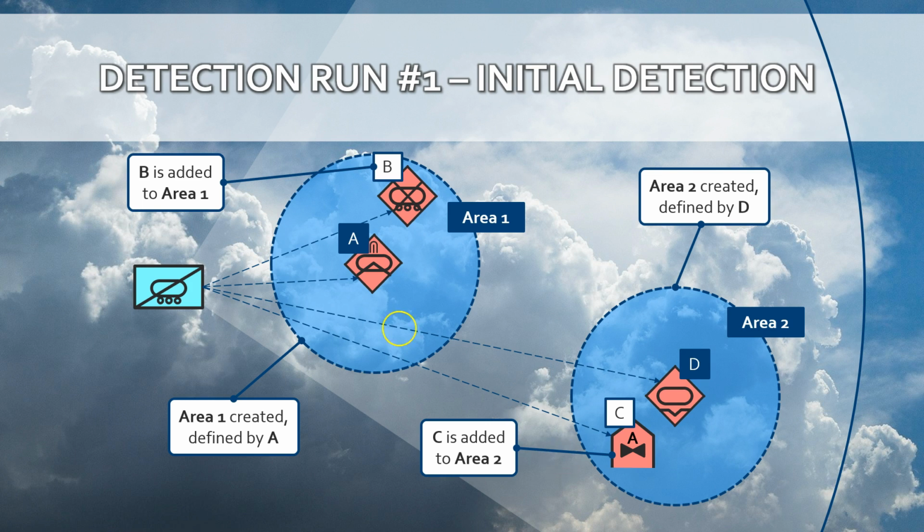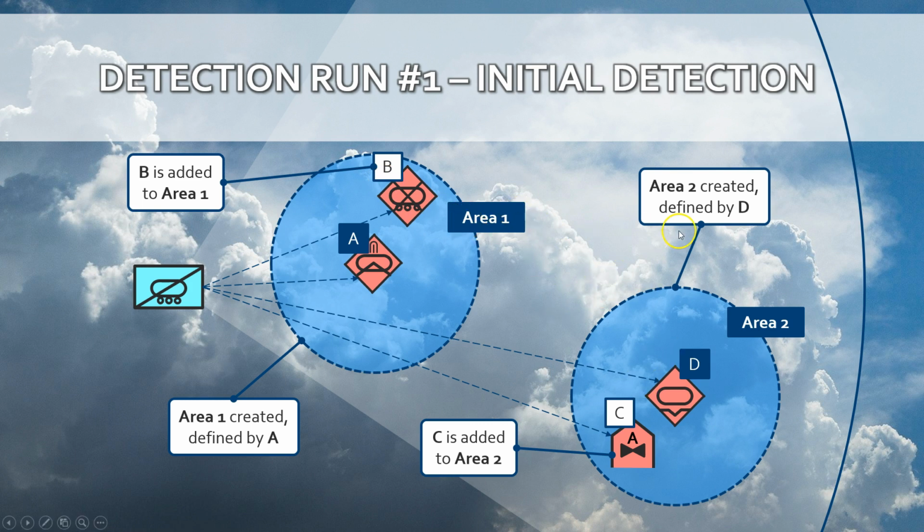What you see here in the situation is the reconnaissance vehicle is detecting a couple of units, unit B, A, D and C. The first thing that it does is it finds A and it says, well, area 1 is created because it's the first item that I've detected, and I create an area around A, which is then called area 1. In that area, I'm then detecting a unit B, so B is added to that area and will become detection item 1.